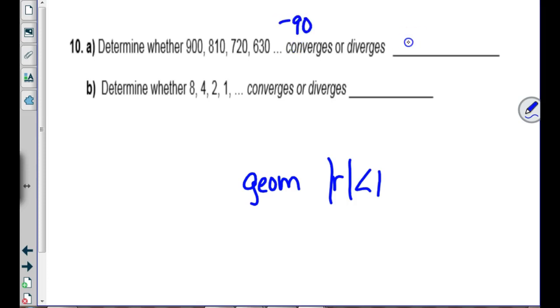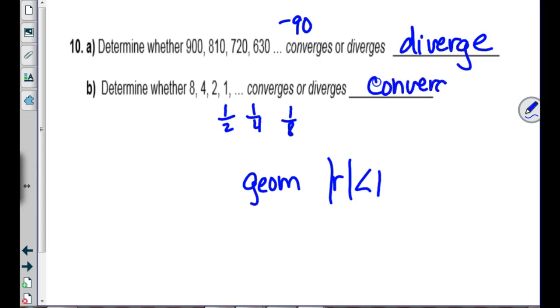So this does not converge. Everything that does not converge is diverge. This, you're dividing by 2, so you would get 1/2, 1/4, 1/8. It's getting tinier and tinier and tinier, but it's never going to become 0 or negative. So this is converge. It has to be geometric with R less than 1 to be converging.